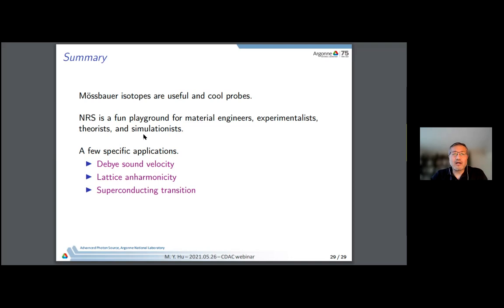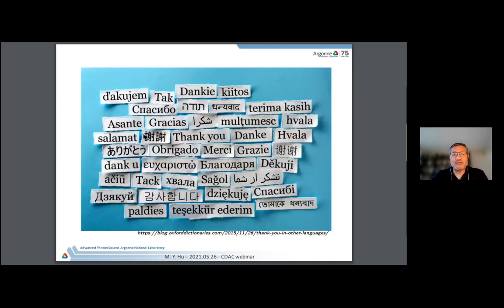Lattice anharmonicity is also very interesting, because that's the real material, with a lot of physics in there. And of course the superconducting transition is, I think, a very neat way to indicate that. Hopefully that will make the identification much easier, so you can go to all kinds of conditions. So with that, I'd like to thank you.